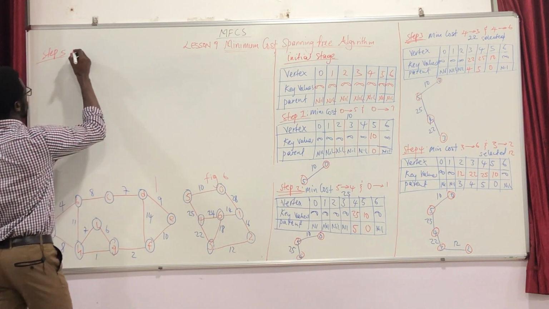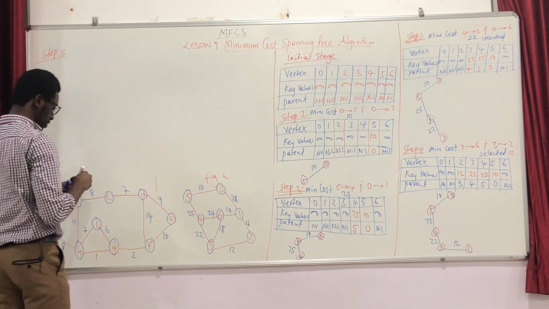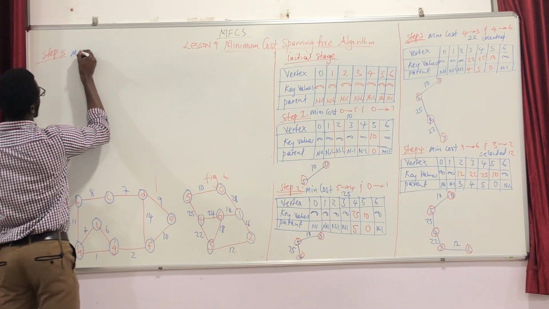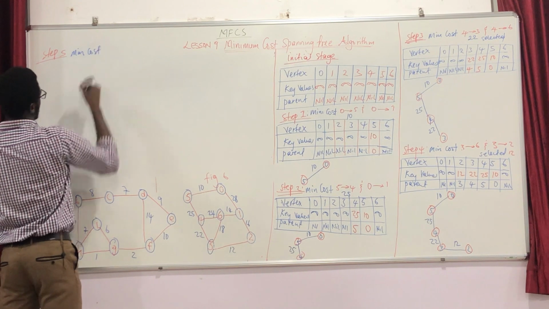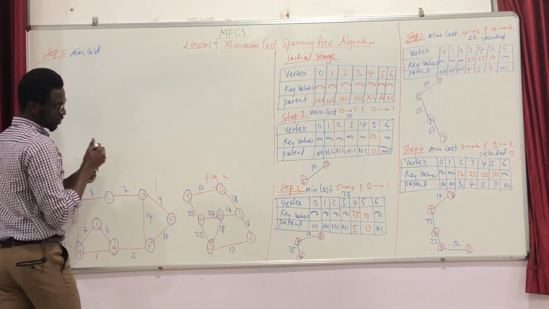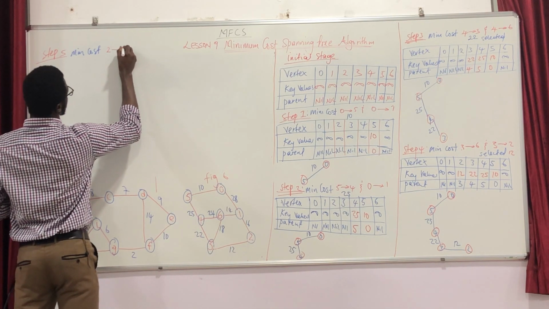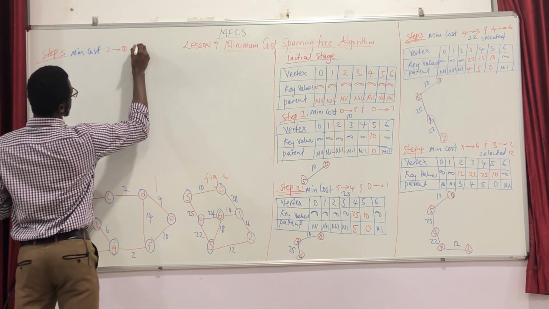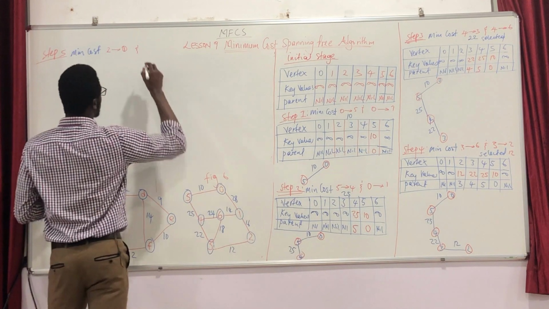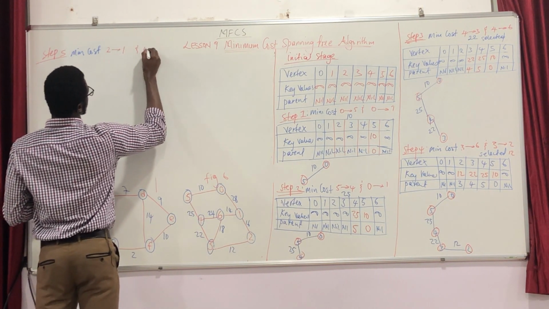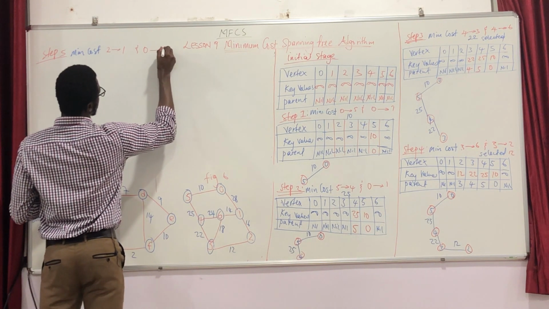We check the minimum cost here. We say 2 to 1 and 0 to 1.